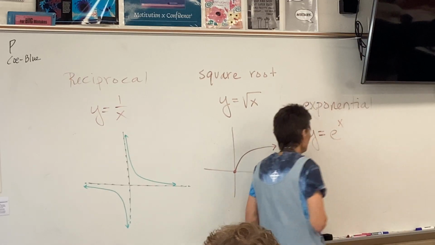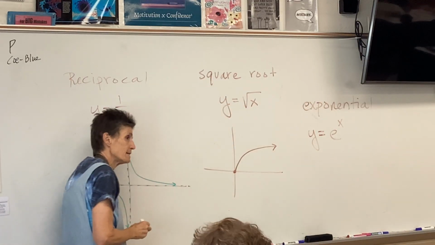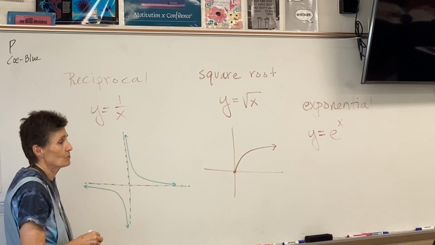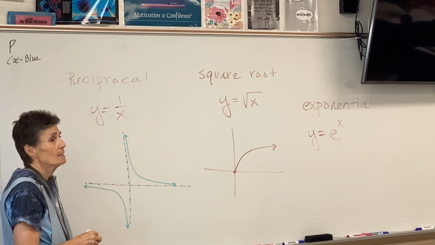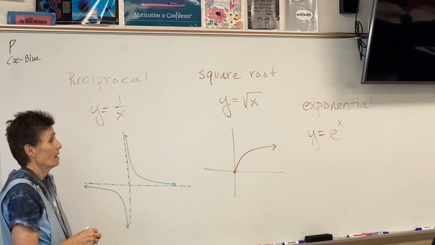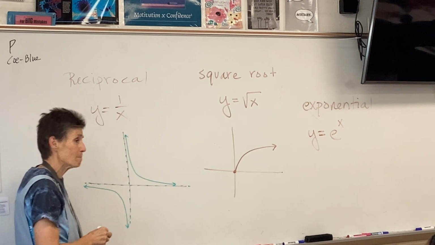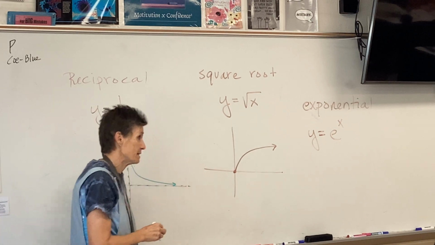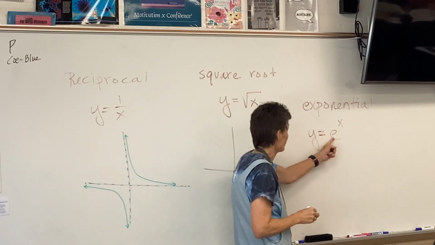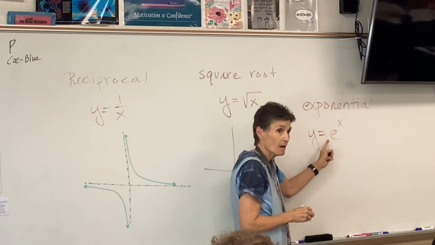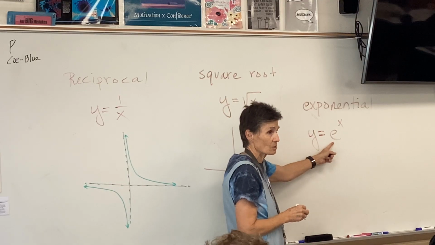The exponential is y equals e to the x. Now, I'm perfectly okay if you remember y equals e to the x because it's the exponential, and that's an e, but that isn't what that e stands for.